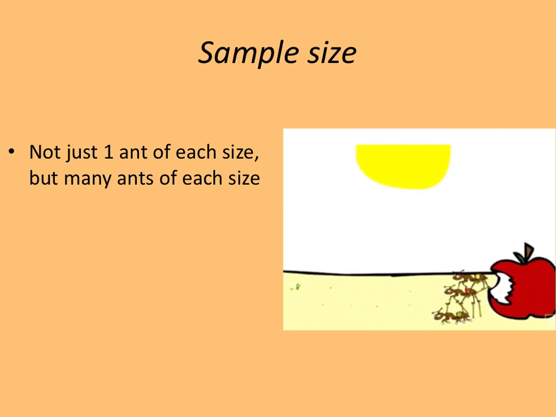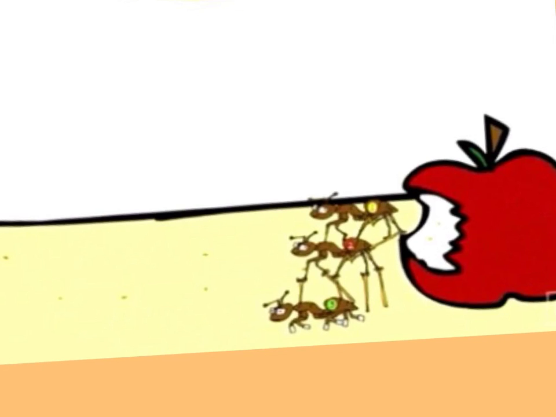So when we actually run an experiment, remember with the ants, all they showed was individual ants. Okay, so right here was a regular ant, here was a long-legged ant, and here's the one that got chopped off, right?